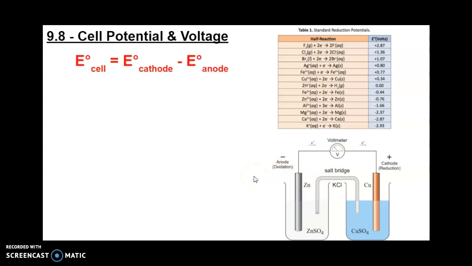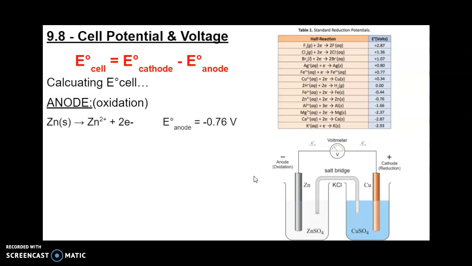So if we want to find the standard cell potential, then we need to break this down into the half cell reactions. At the anode, we have the oxidation. Remember, anox. The zinc is being oxidized from a 0 to a 2+ charge. We can then use this table to identify the potential for reduction for the anode is negative 0.76 when we're talking about zinc. I get that directly from the table here, negative 0.76.